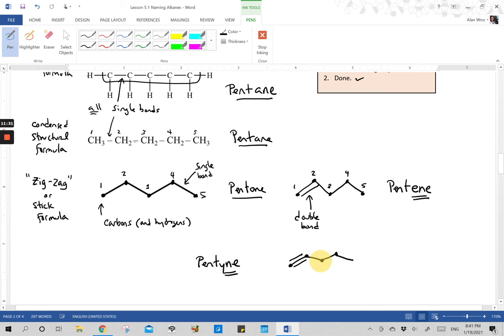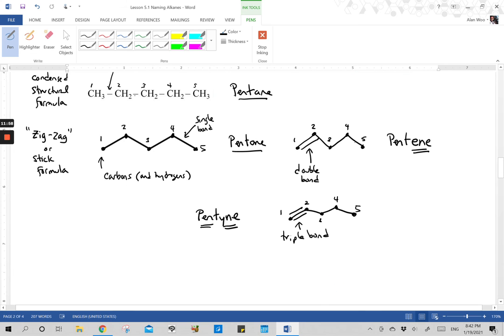And then I put in my carbons. Again, we have 1, 2, 3, 4, 5 carbons, so this is a pent. And then because of this triple bond, we basically have the ending yne for pentyne.